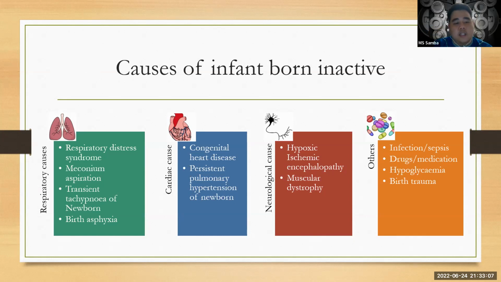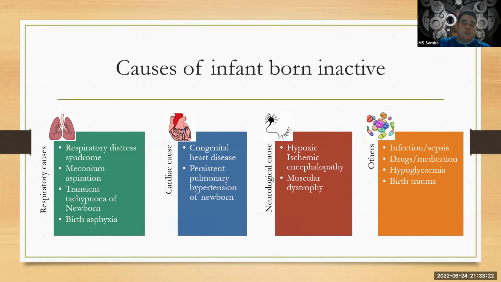The next one is transient tachypnea of the newborn, which is actually a self-limiting condition. In simple words, it is a condition where there is a delay in clearance of the fetal lung liquid.